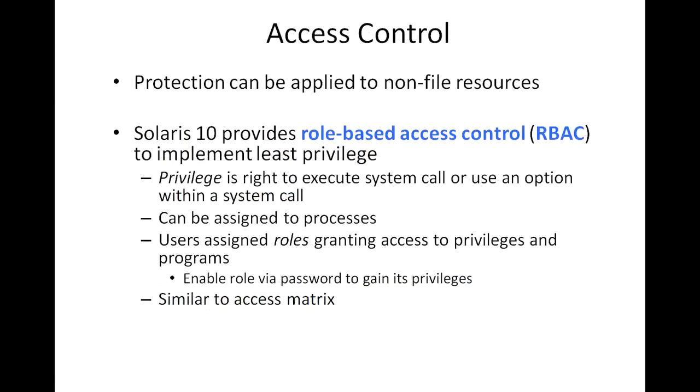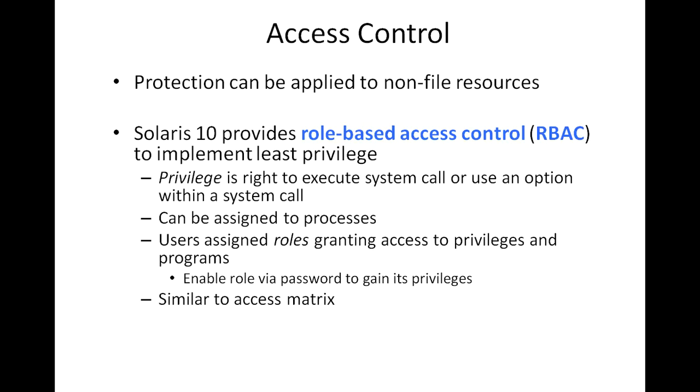Now let us move on to the next topic, that is access control. In systems like Solaris 10, we make use of role-based access control, called RBAC. RBAC stands for role-based access control, and it is implemented in the Solaris 10 system.